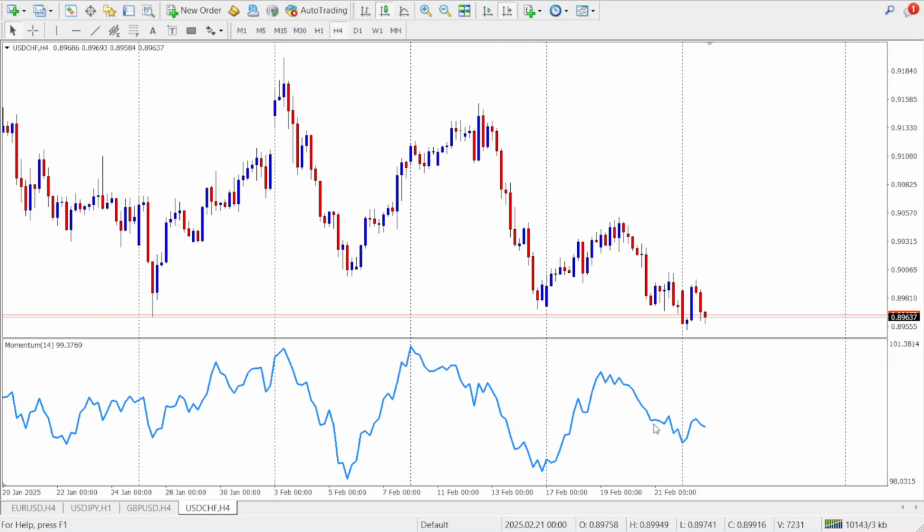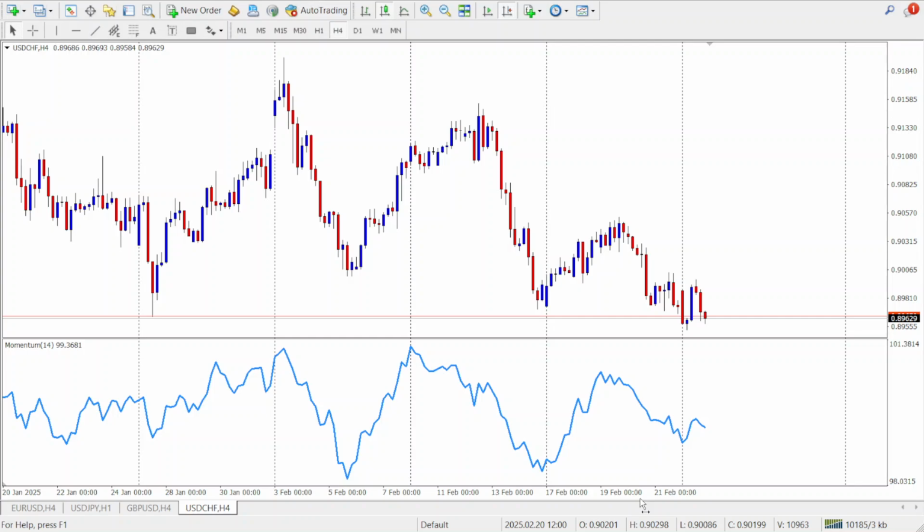When the momentum slows down, it can indicate a potential reversal or weakening trend. You often see the momentum indicator displayed as a line moving up and down within this indicator window, showing whether buyers or sellers are in control.